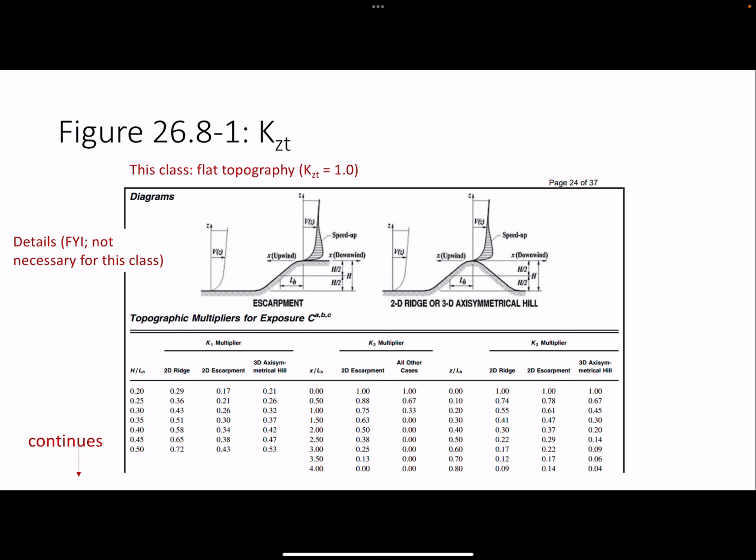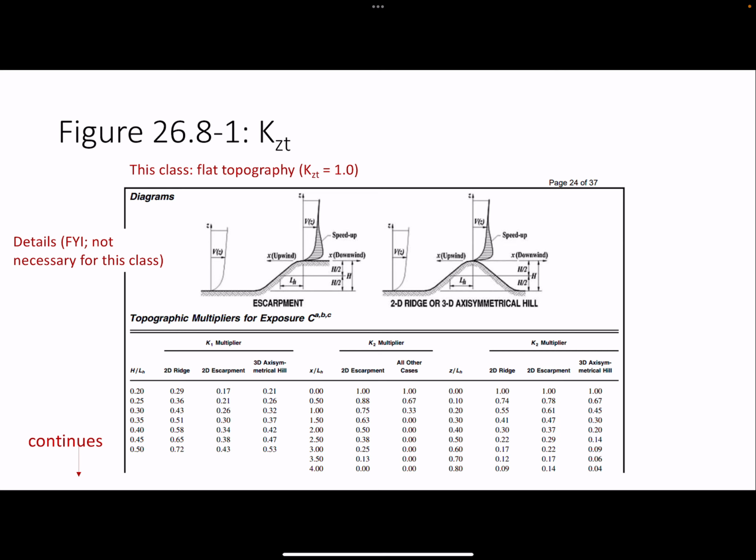But if you had a scenario where you had to calculate or consider a value that's not 1 for KZT, then you would use this figure, where it breaks down the geometry of the escarpment or ridge that is nearby your structure.